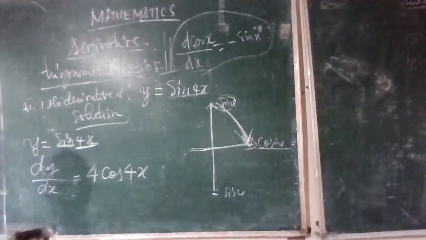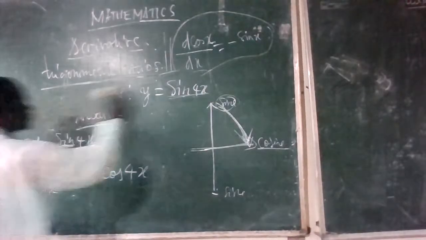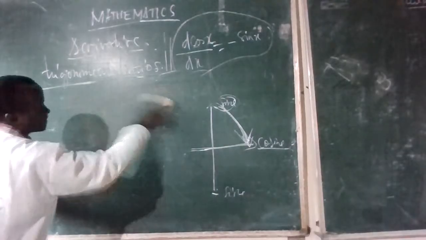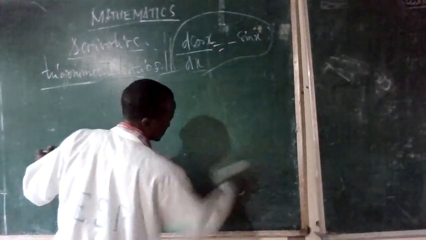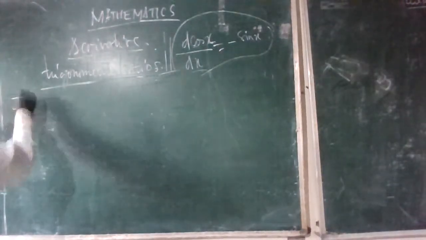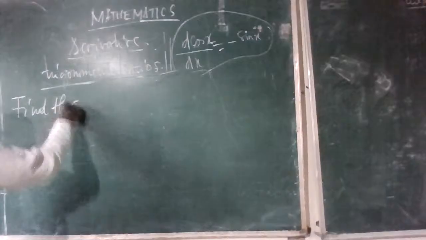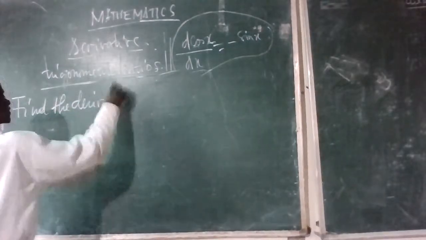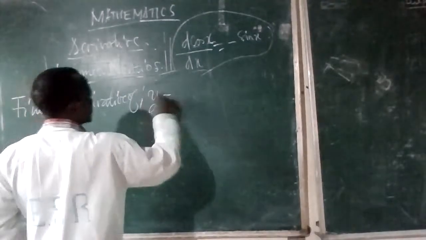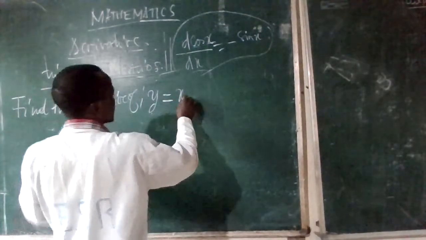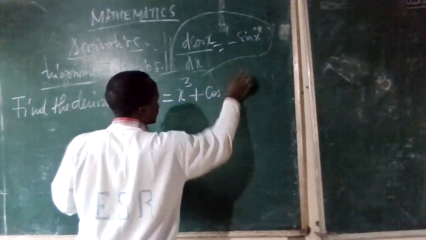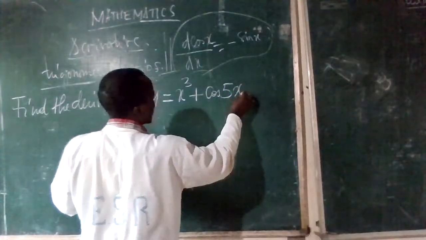Now let's see. Someone gave me this example. According to what we have seen, find the derivative of y is equal to x power 3 plus cosine of 5x.